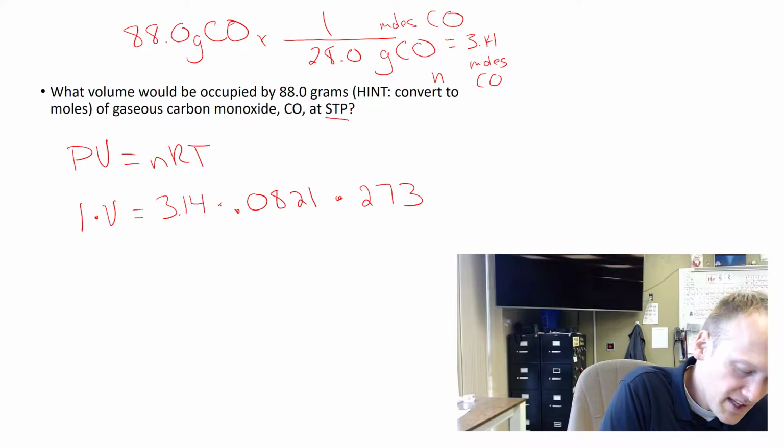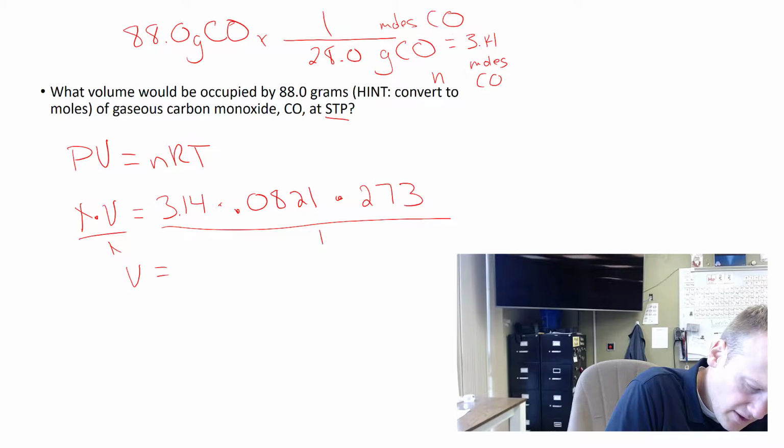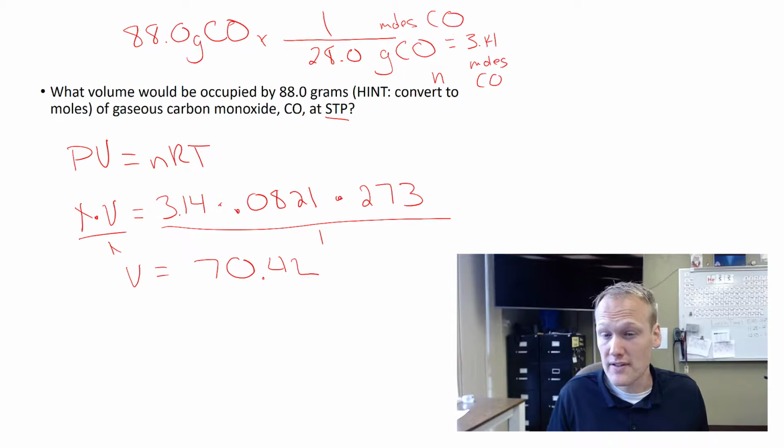We would divide both sides by 1, which obviously is easy to cancel out. And we'd get a volume of 70.4 liters. So that problem's a little more involved, and you have to remember what STP stands for and what those numbers are. But after you get the problem set up, it's pretty straightforward.